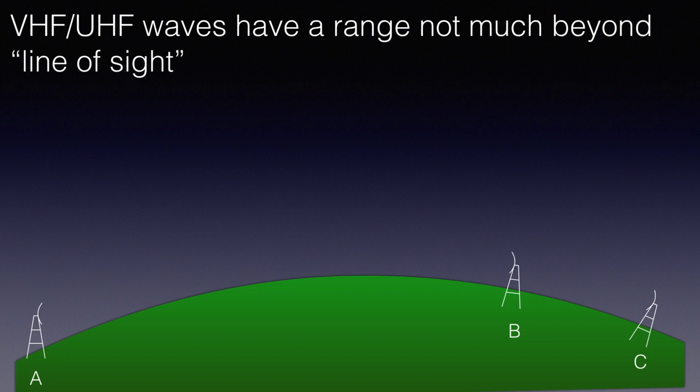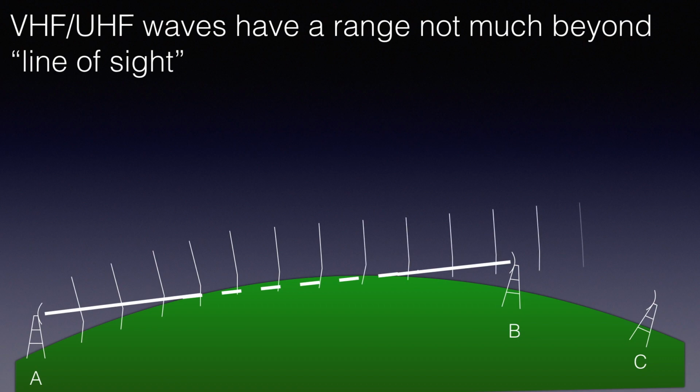If we go over plain Earth here, we've got a radio link, or potentially two radio links, with three stations there, A, B and C. Now A is not optically line of sight to B, as you can see where it becomes a dashed line, it's obstructed by the Earth. So if you were at the top of the mast at A, you wouldn't be able to optically see the mast at B. But because of diffraction, you can just get a signal through to B. So VHF, UHF waves have a range a little bit beyond line of sight, but not a lot.